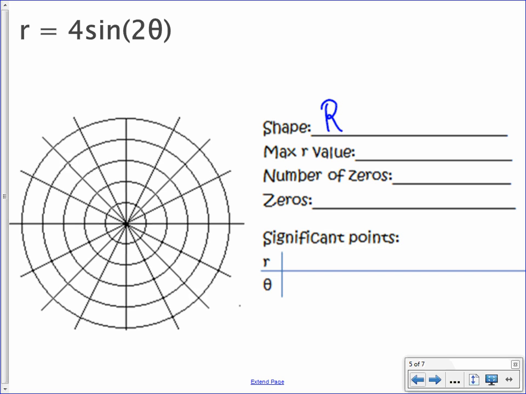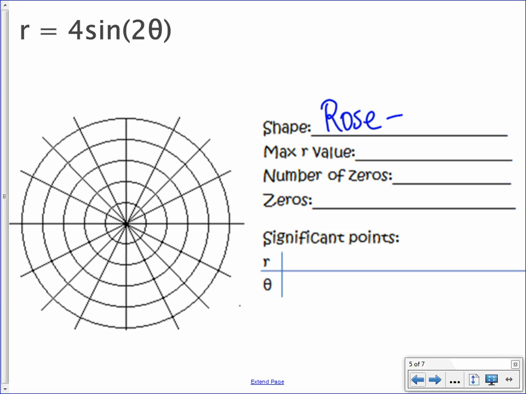So we have a rose. How many petals would there be? That's the coefficient. We have 2 different coefficients, right?